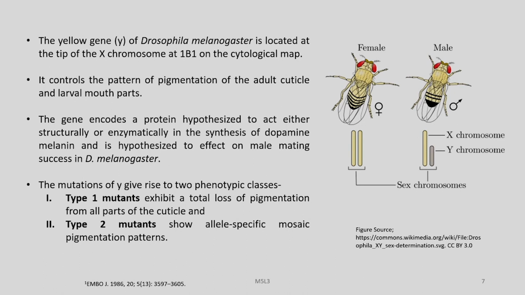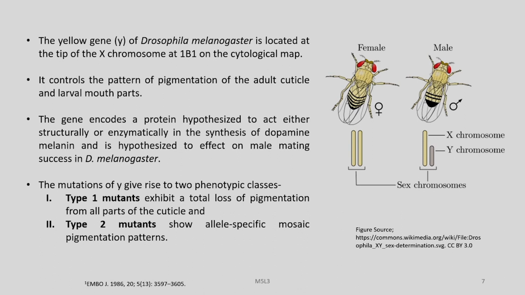This gene controls the pattern of pigmentation of the adult cuticle and also the larval mouth parts, and it encodes a protein which is hypothesized to act either structurally or enzymatically in the synthesis of dopamine melanin, and is hypothesized to affect male mating success in Drosophila melanogaster.